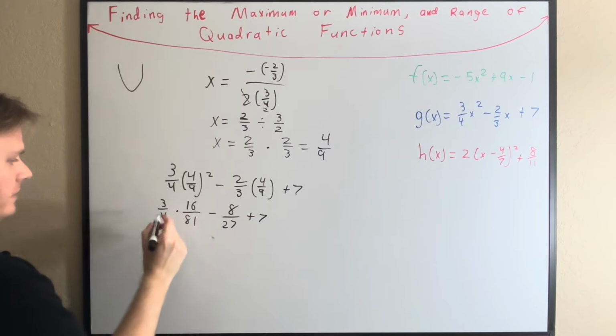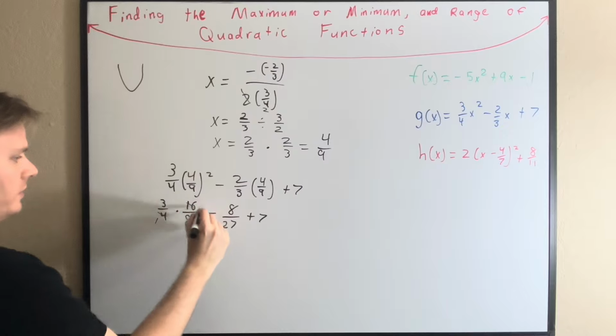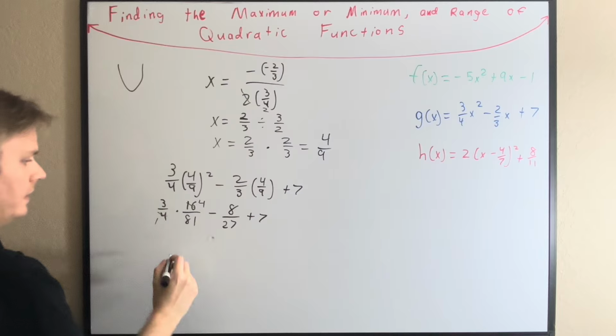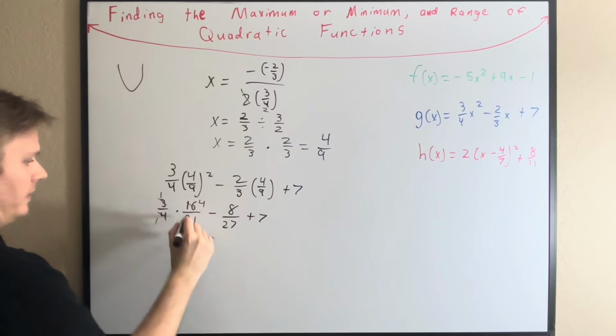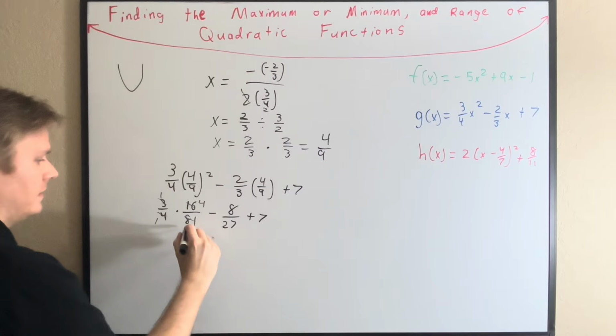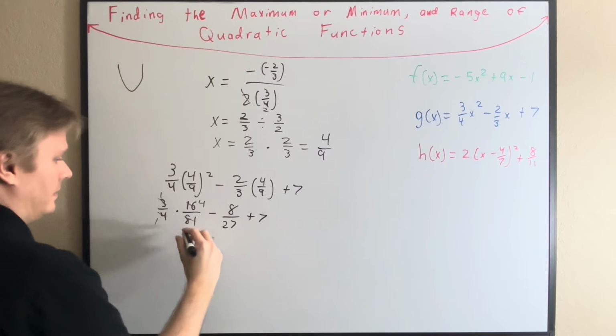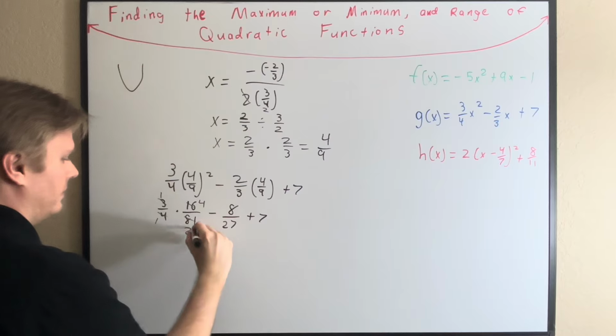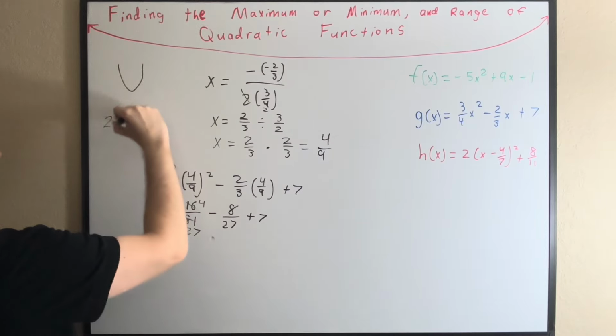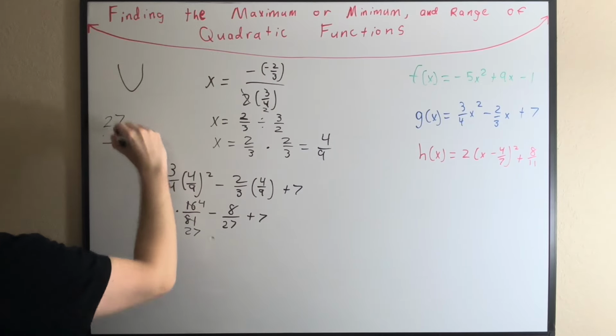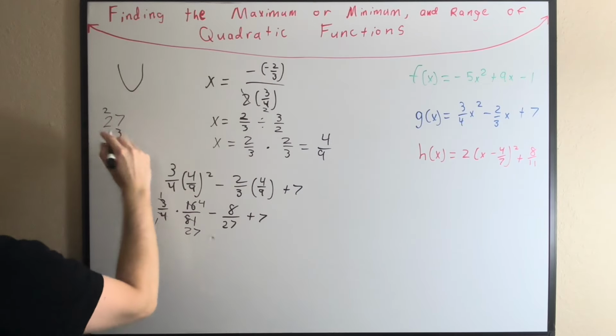We can cross cancel these, huh? Divided by 4 is 1, divided by 4 is 4. Divided by 3 is 1, divided by 3 is 27, I believe. Yes. 27 times 3, 6, 7, 8. Yep.